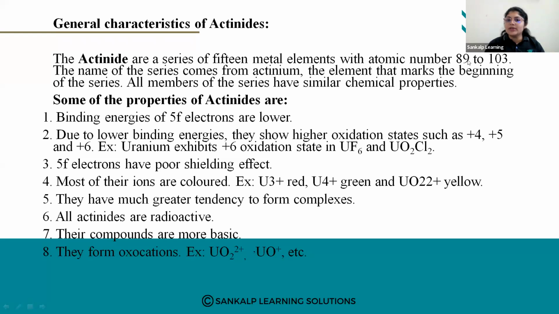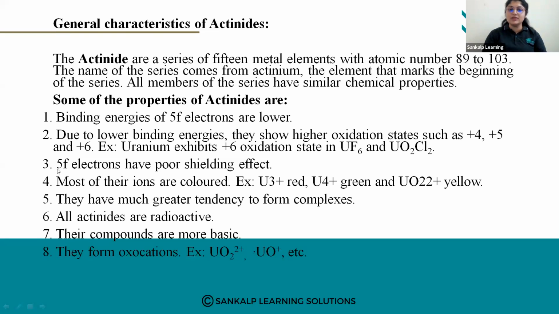The name of the series comes from actinium. The series starts from the element actinium, which marks the beginning of the series. All the members of the series have similar chemical properties.